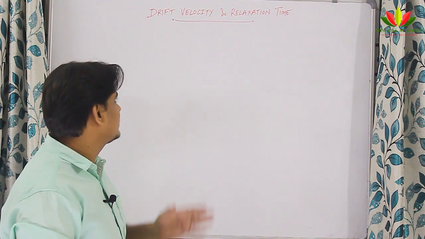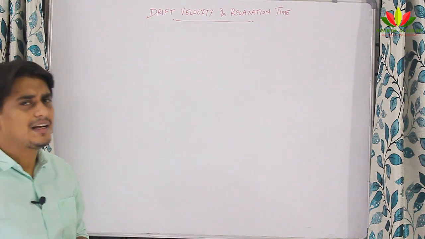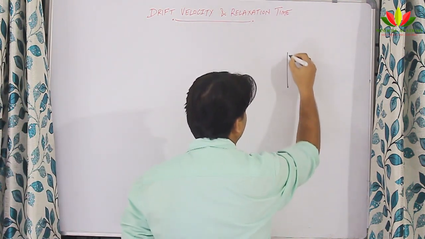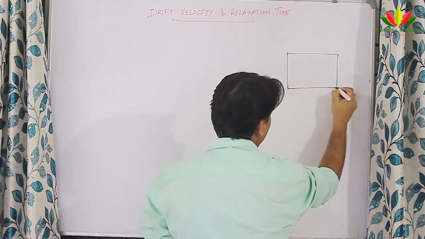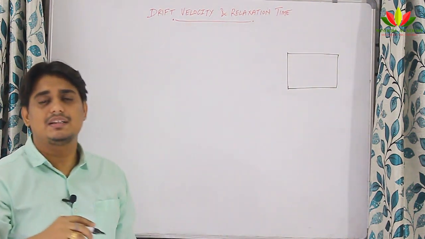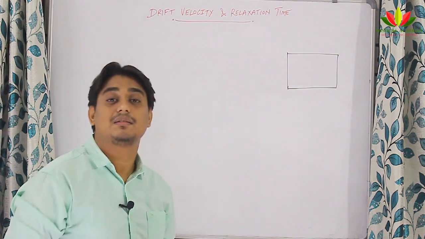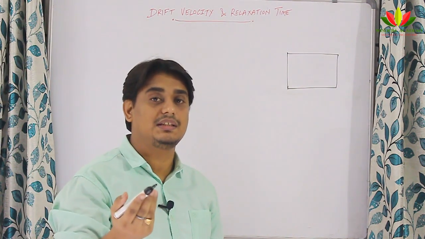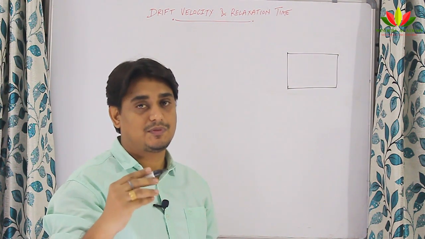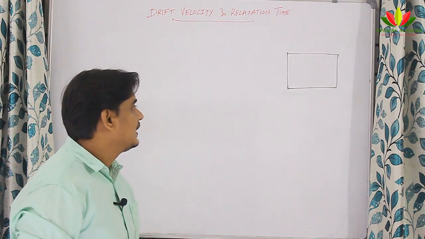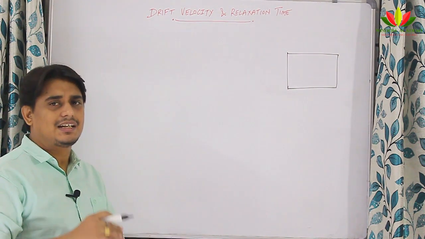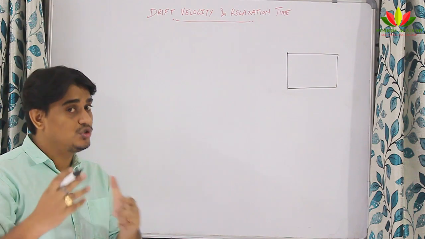Now let us talk about drift velocity, and let me take an example of a particular conductor. In a conductor, I have told you that the electrons are the major charge carriers, and electrons are the particles responsible for movement of current. One thing, don't think these electrons are very few, it is a huge number.